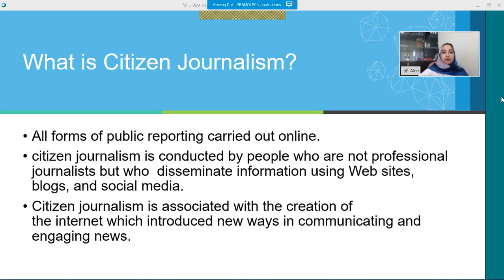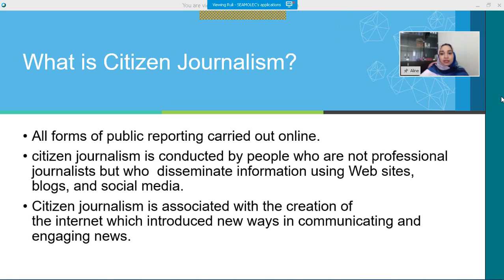So this course is about citizen journalism, and firstly, we all need to understand what citizen journalism is. Citizen journalism refers to all forms of public reporting carried out online. The concept of citizen journalism is based upon public citizens, where the public is playing an active role in the process of collecting, reporting, analyzing, and disseminating news and information.